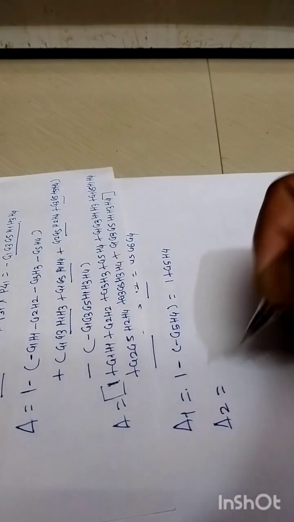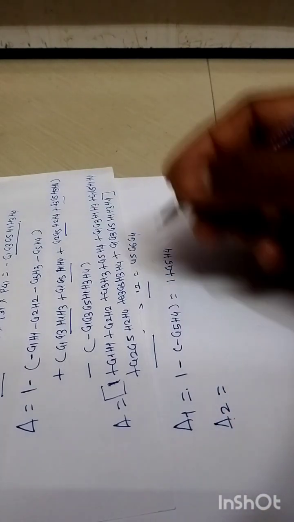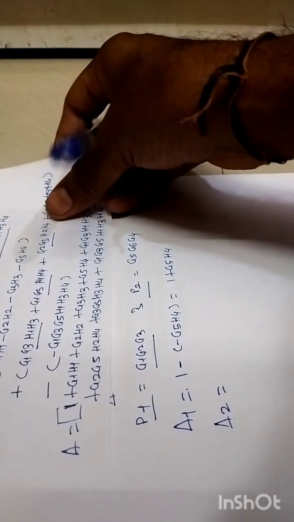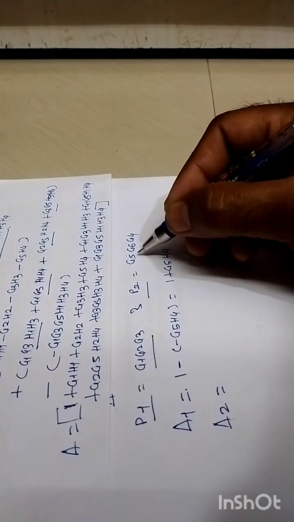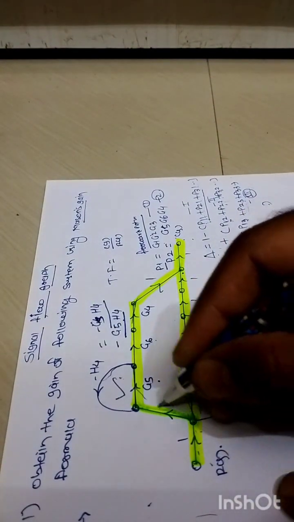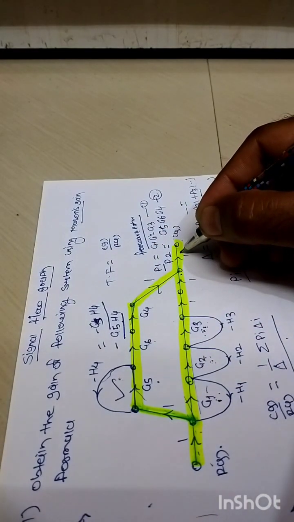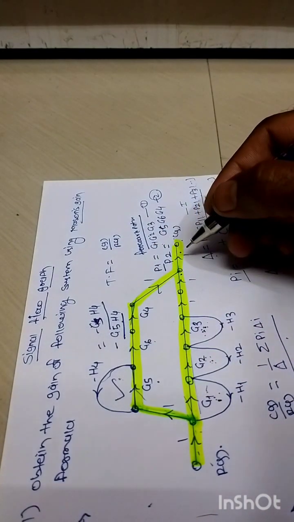Similarly, as we are having two forward paths, we need to determine delta 2 also. So delta 2 means what? Our forward path number 2 is G5, G6 and G4, this upper portion, right?